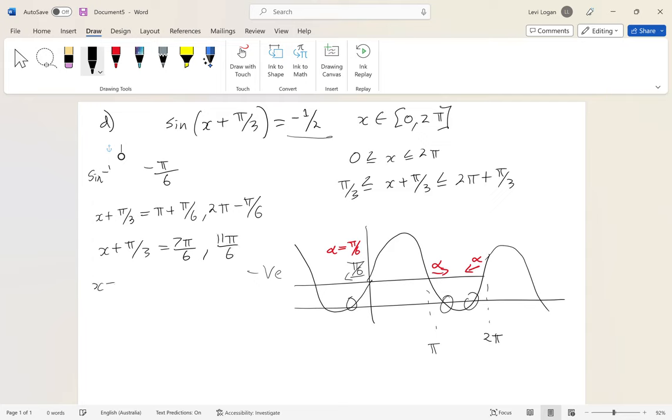So x is equal to 7 pi over 6 minus pi over 3 and 11 pi over 6 minus pi over 3. So therefore x is equal to 5 pi over 6 and 3 pi over 2.